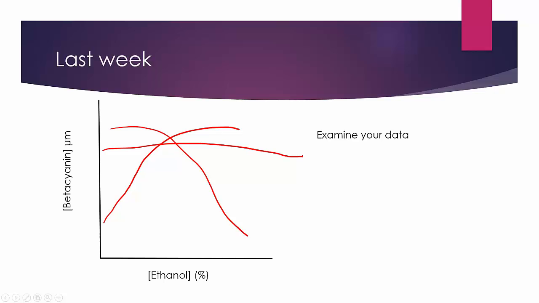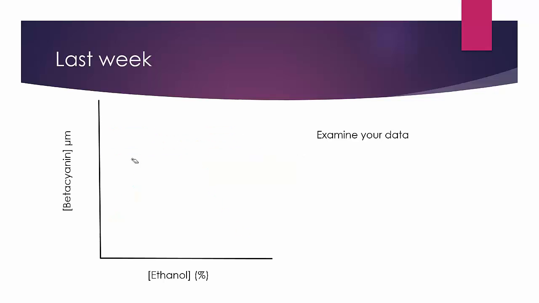So for example, let's say that our data was unchanged, then climbed, then plateaued. So I may have a new question about what was happening over a specific area of the graph.